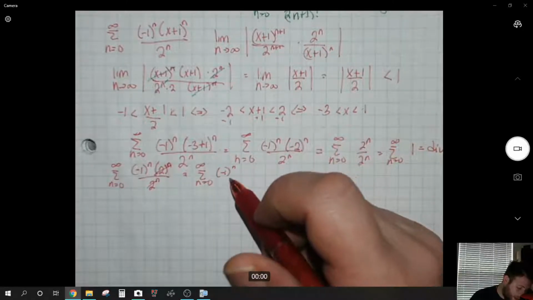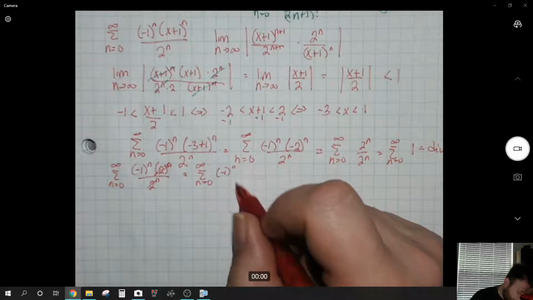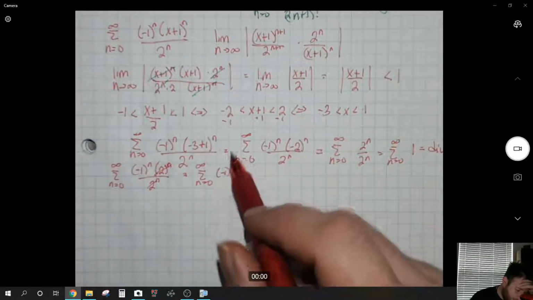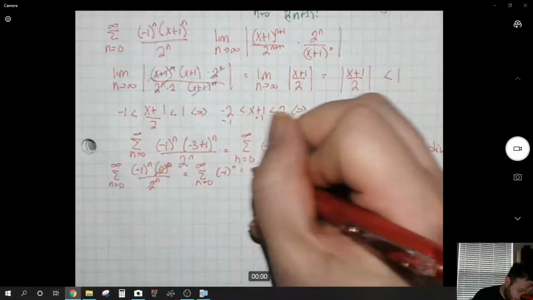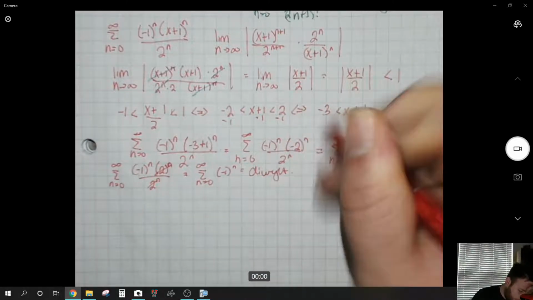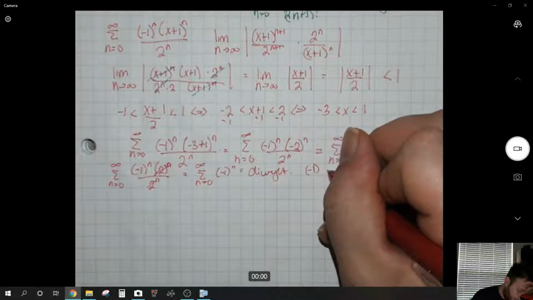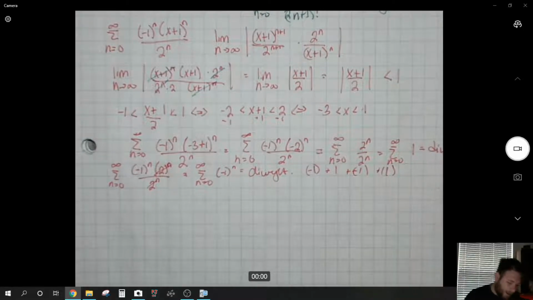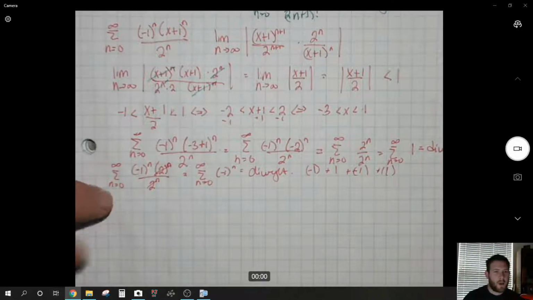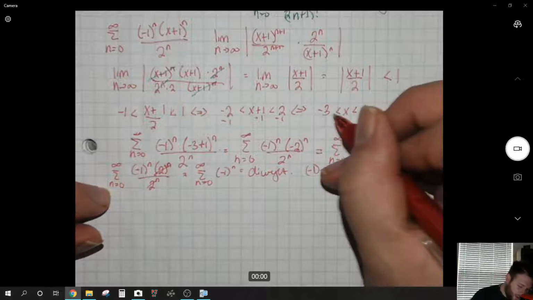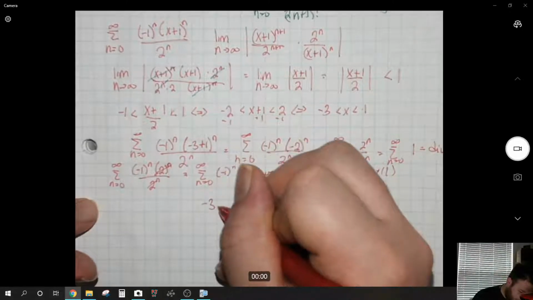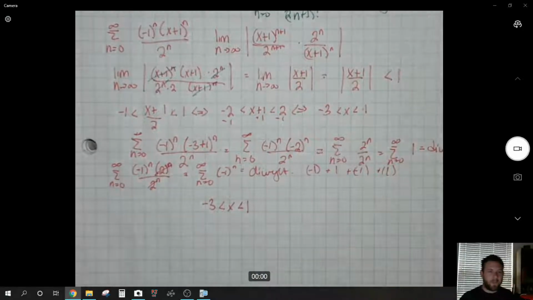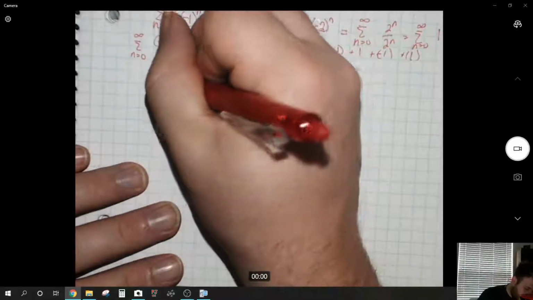Okay, so this is not going to work out because we're going to consider it to be divergent. Because all it does is switch back between -1 and 1, and -1 and 1. And it's going to keep on doing that forever. So it's going to go back and forth between 0 and -1. So it's actually not going to converge. So therefore it diverges. So my interval will simply be -3 less than x less than 1. That is my interval of convergence.